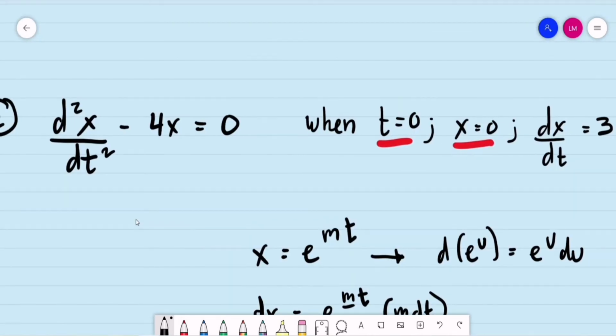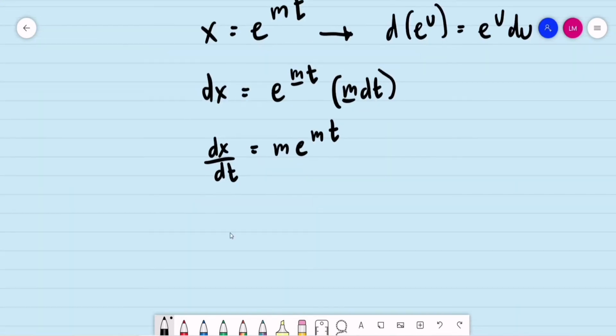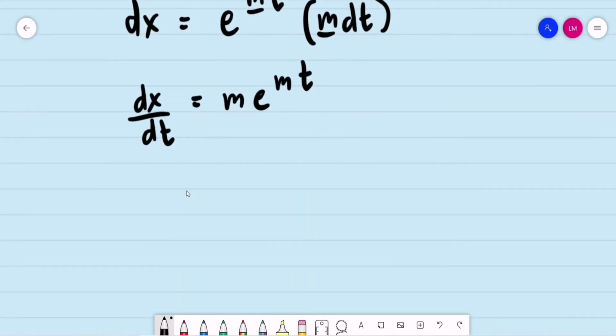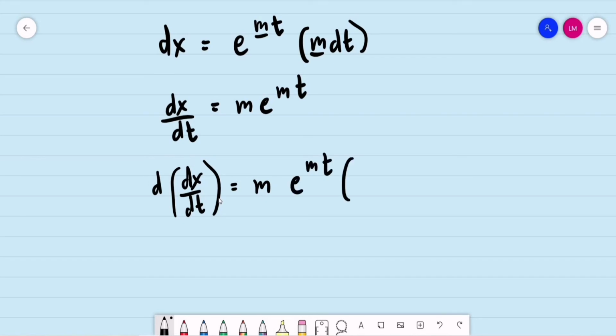But we need the second derivative since that is d squared x over dt squared. So we are now to take the second derivative. The derivative of dx divided by dt is equal to m. All we have to do is repeat the process. What is the derivative of e raised to mt? It is m dt.